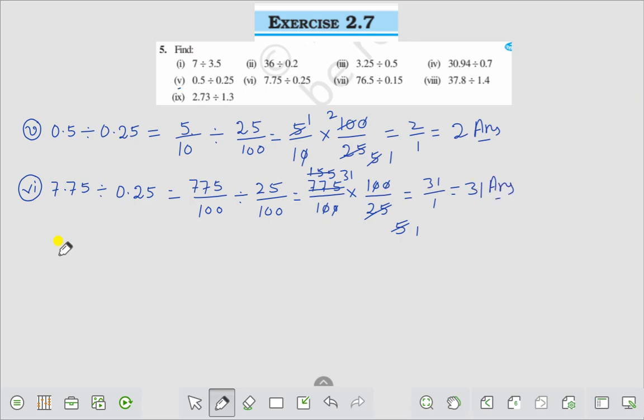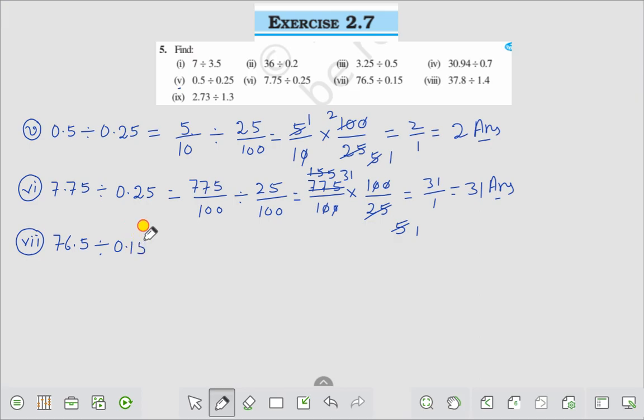Now question number 7. Question number 7 is, here you see, 76.5 divided by 0.15.